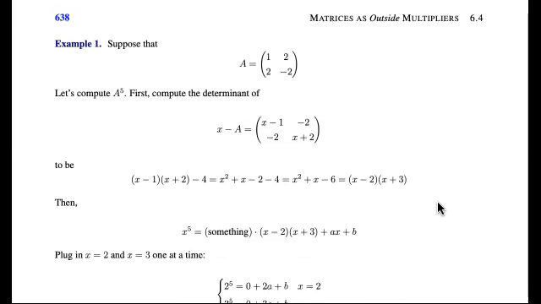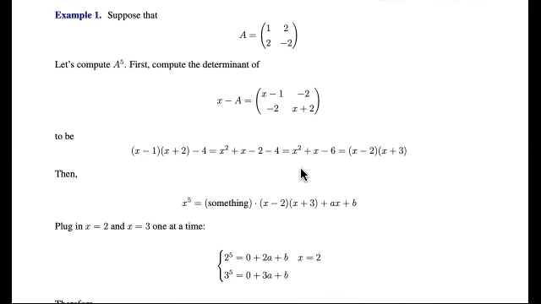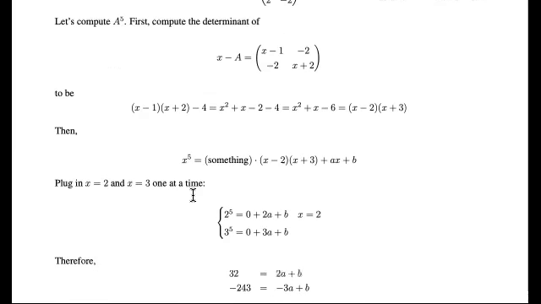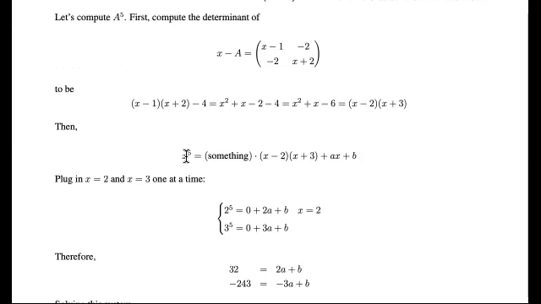Minimal polynomial divides it, meaning we can mod out by it. So if we want to compute x to the fifth, we just simply take a representative of x to the fifth mod x squared minus 2x plus 3 like this.